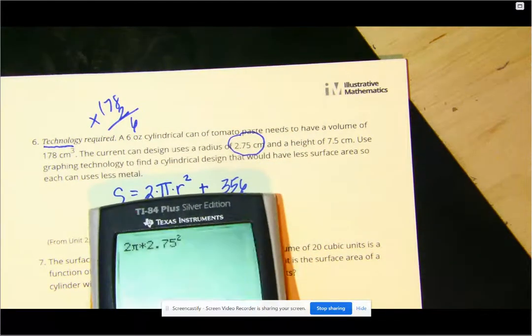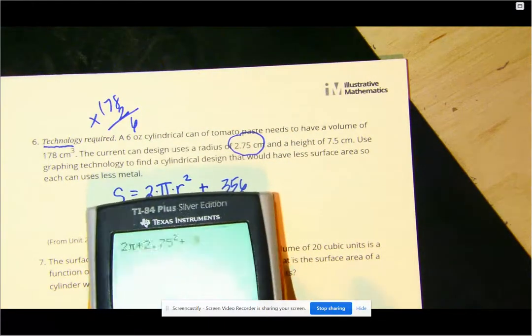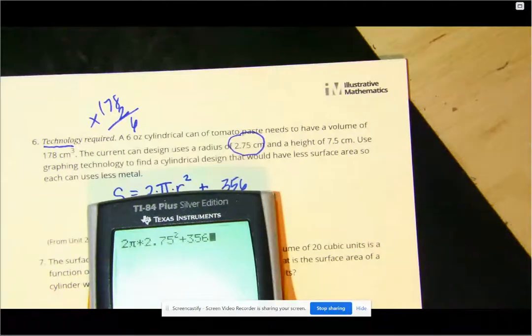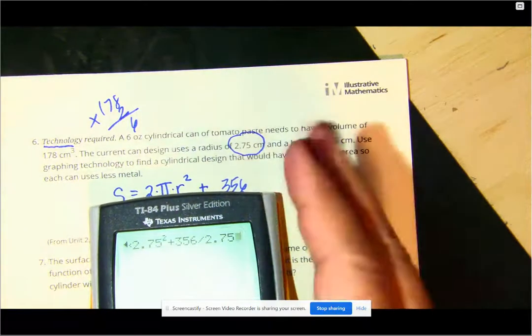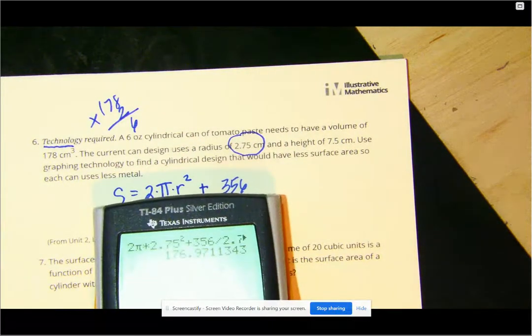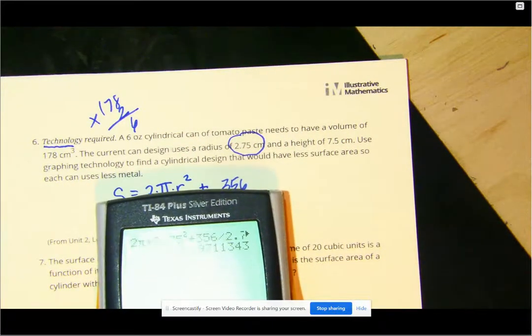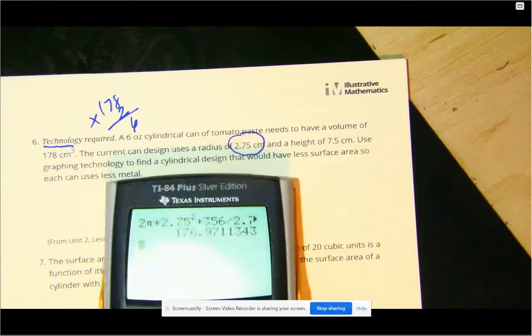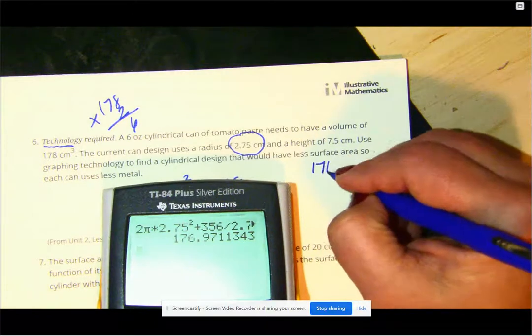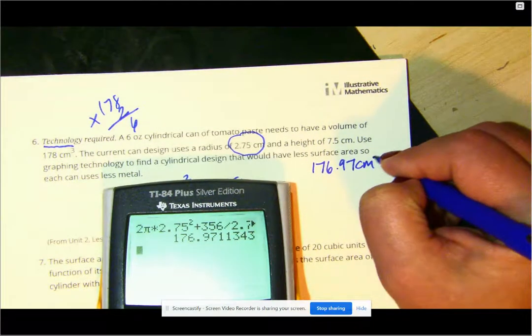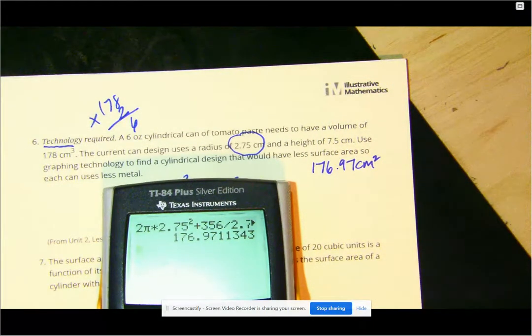There we go. Plus 356 divided by 2.75. I'm trying to figure out what the surface area is right now. So with the current radius and height, the surface area is 176.97 square centimeters.